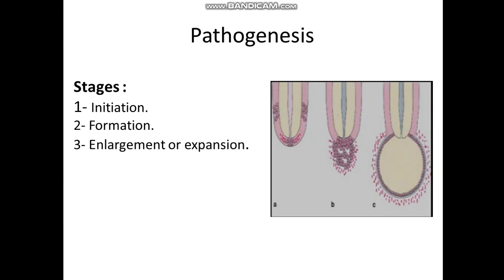Some people say it is due to an increase in the osmotic pressure, and others say that the connective tissue capsule surrounding the cystic lesion secretes certain substances, cytokines or interleukins, which activate the osteoclastic cells, leading to bone resorption and expansion or enlargement of the cystic lesion. So there are many theories explaining the enlargement or expansion of the cystic lesion of the jaw.